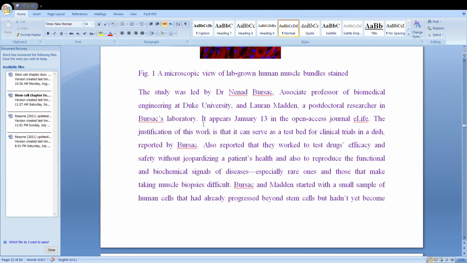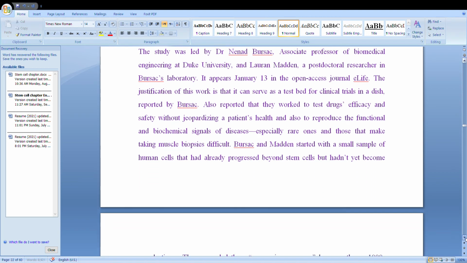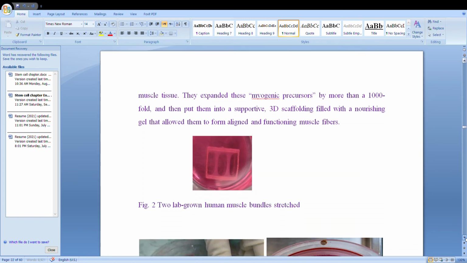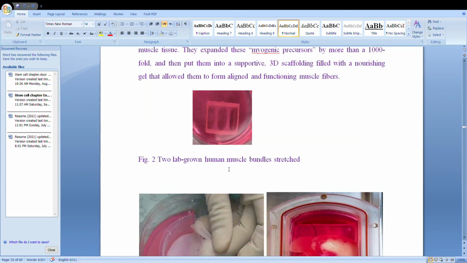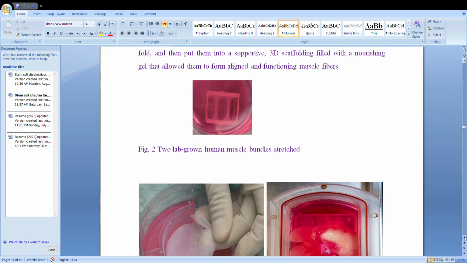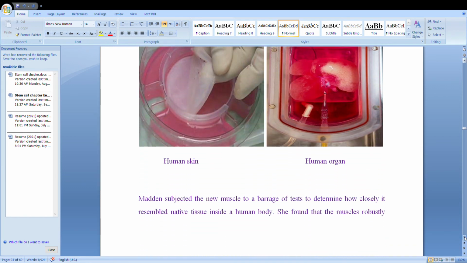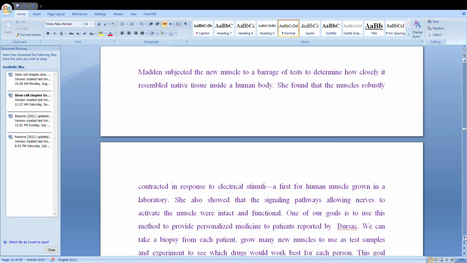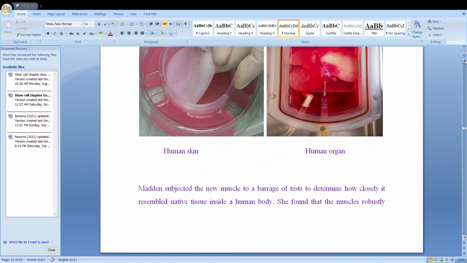He did this research and then he made his report. He published his report and he succeeded in producing lab-grown human muscle bundles. He also grew human muscles in the laboratory. You can see here, this is also human muscle.